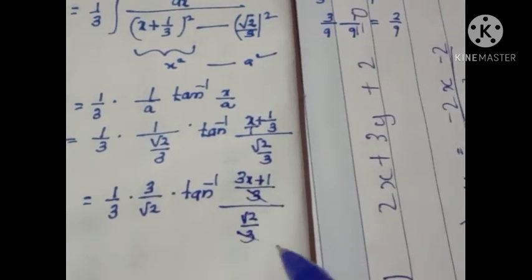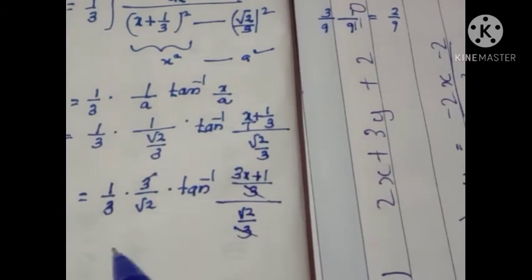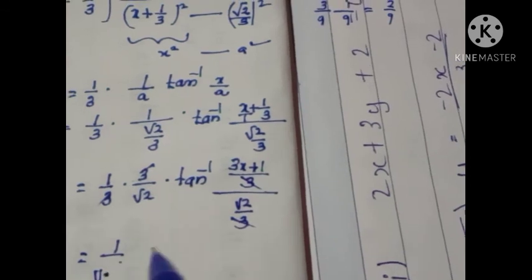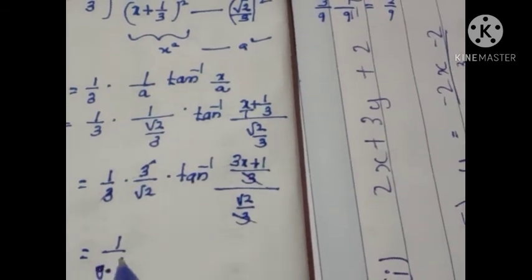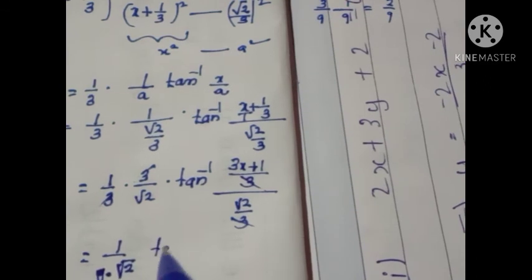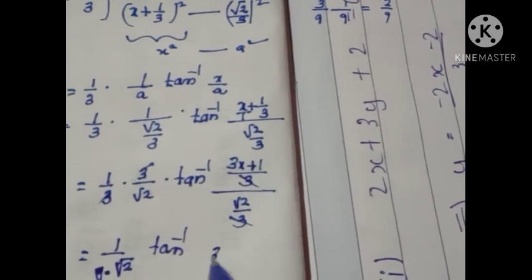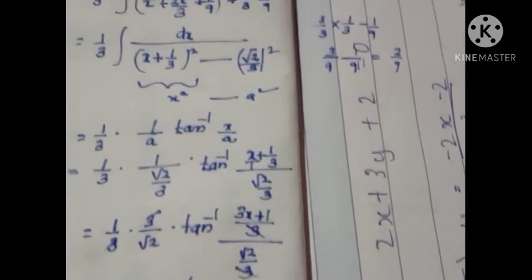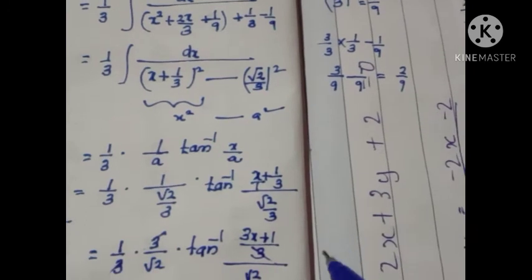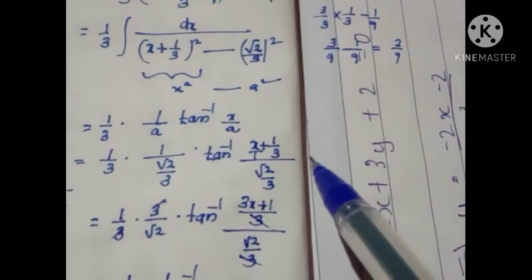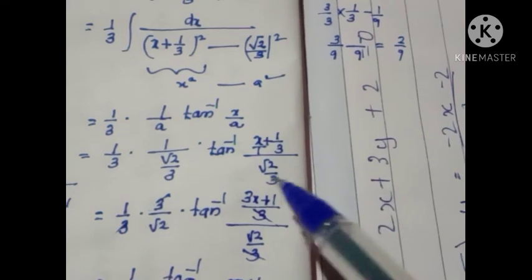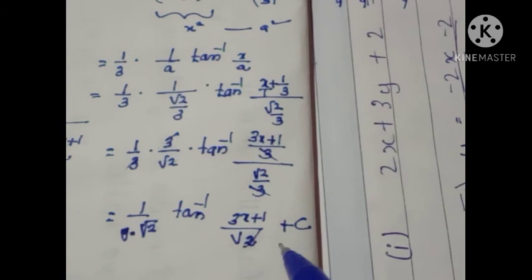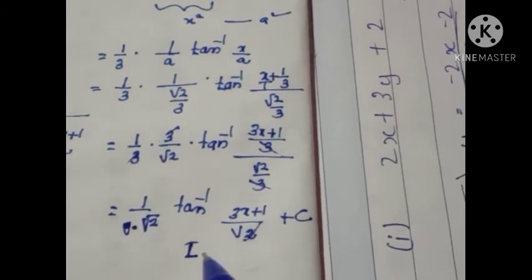Here we can cancel these 3 and these 3. So remaining 1 by root 2 tan inverse (3x + 1) by root 2 plus c. So this is our I2.